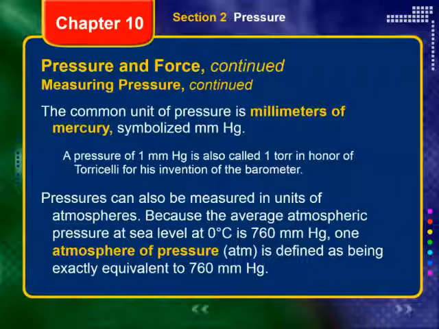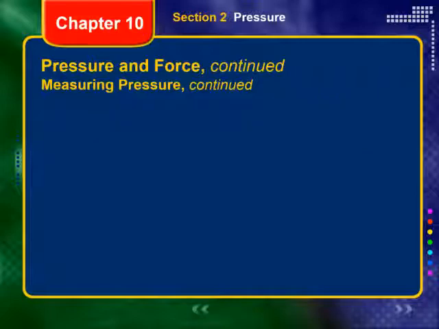And notice I wrote exactly in there so that 760, even though right now it looks like it's written with only 2 significant figures, it actually has infinite significant figures because of that word exactly. So don't let that throw you off when we're doing our calculations.